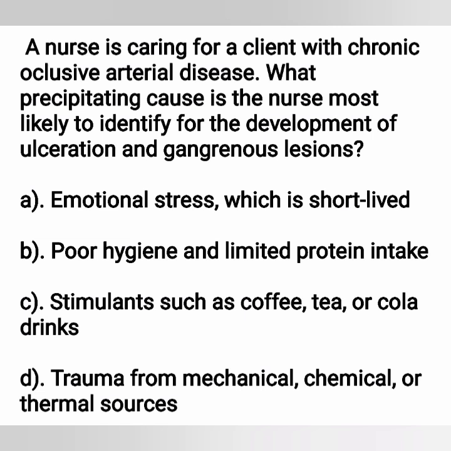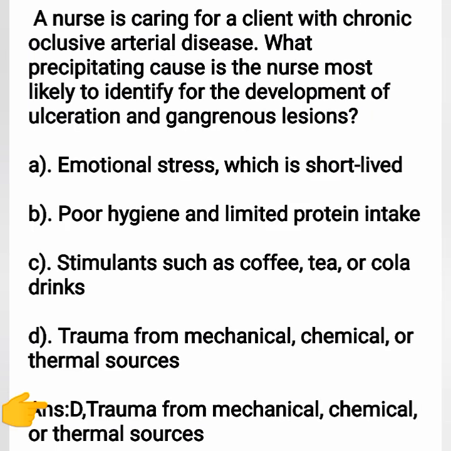Once the patient may develop ulceration gangrenous lesions, what is the precipitating factor? That is the question. For the development of ulceration gangrenous lesion, there may be trauma from mechanical, chemical or thermal sources. Option D is the correct answer.